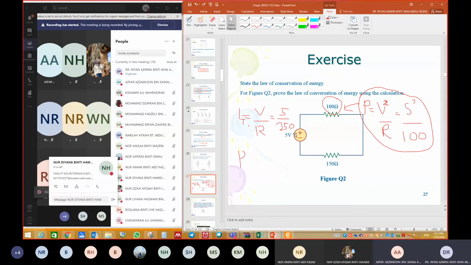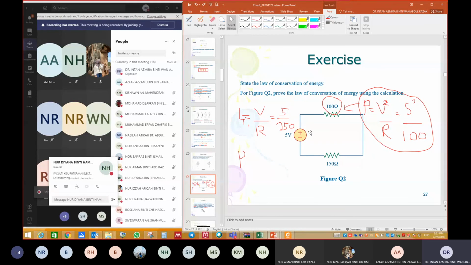Then the power for the 5 volt: yes, you can use V square over R, so 5 squared divided by 100 plus 150. Make sure that the power supplied by the 5 volt is equal to the power absorbed by 100 and 150.